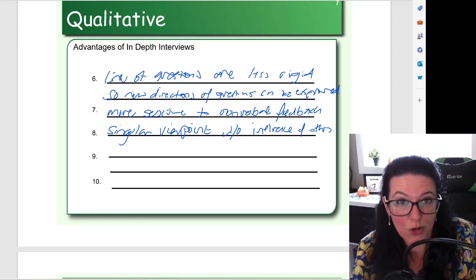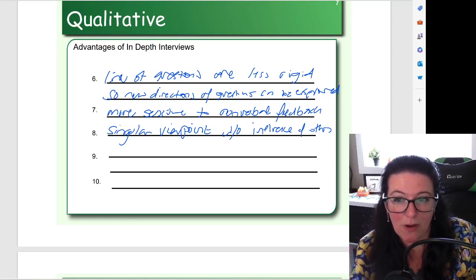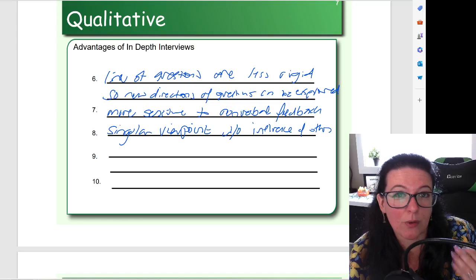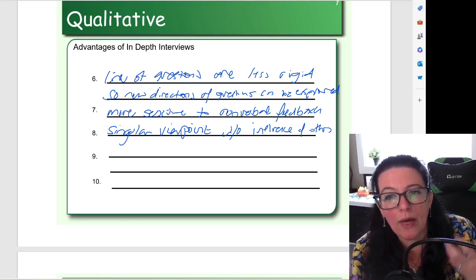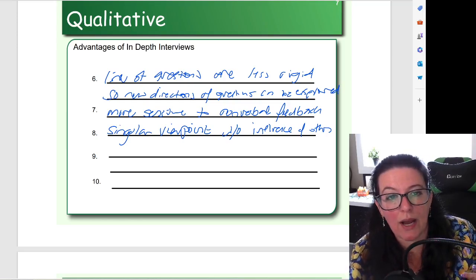Now, a survey, an anonymous survey where people can write in their responses, where they don't even have to consider the interviewer or the researcher and how they might feel about or respond to something you say, an opinion you have, then they have even more freedom to truly respond based on how they feel.